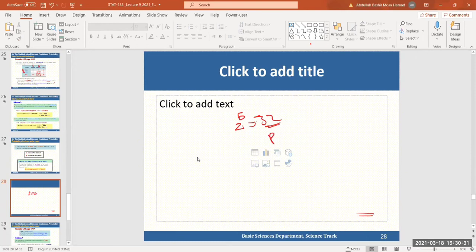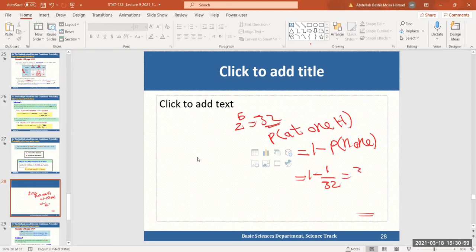At least one head, as we proved, equals 1 minus P of none. None means this one, so it equals 1 minus 1/32, which is 31/32.